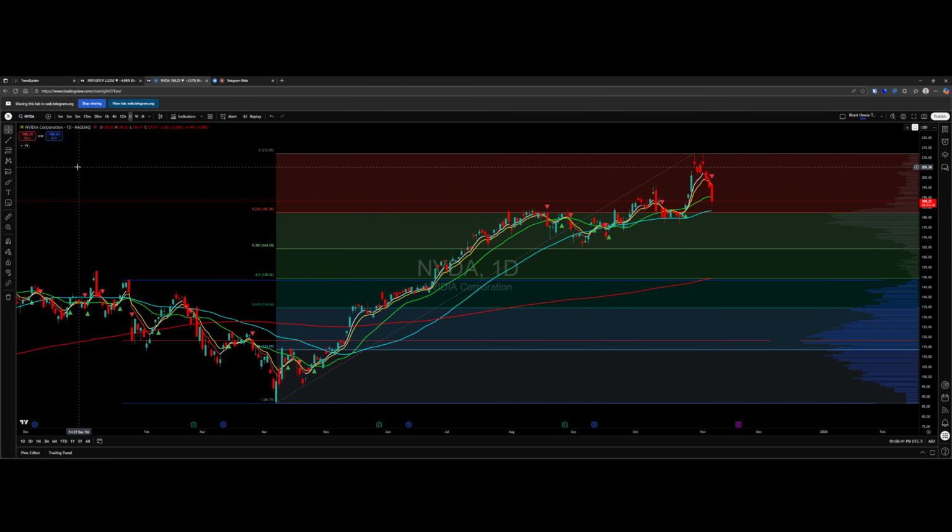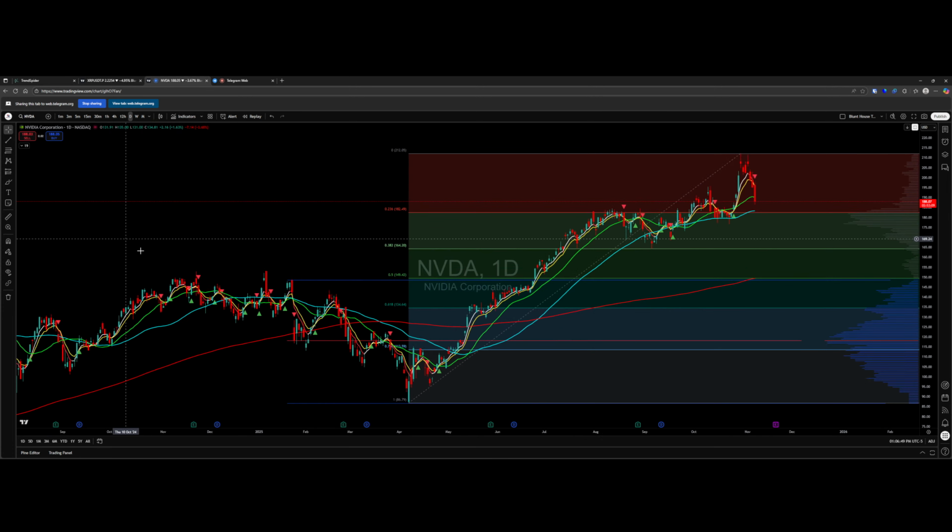Well, automatically, in these reversals, we're going to look for 50%. It's never an unreasonable level. And where's 50% on the daily NVIDIA chart? Right on top of the 200 MA. Where's 618? $134.